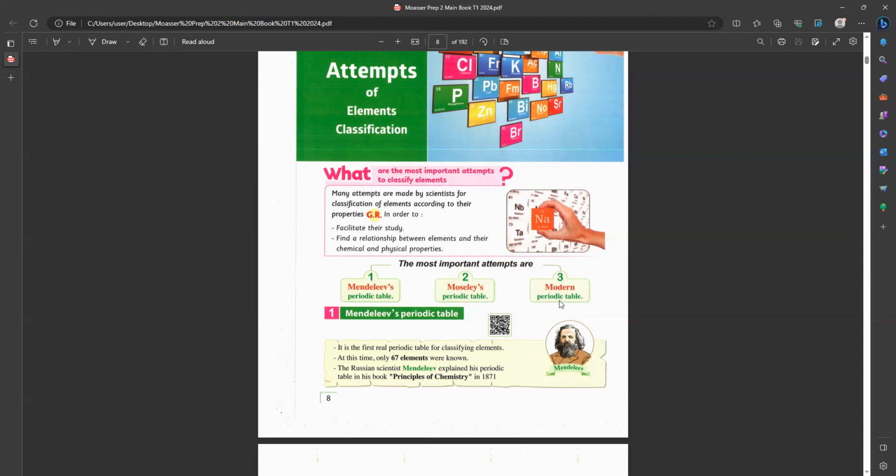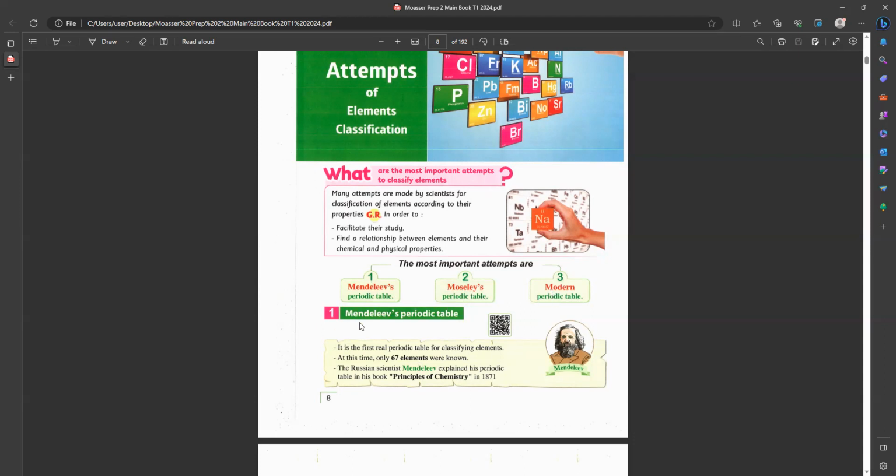The last one is called the modern periodic table. Many scientists, not one, designed this table, so it's called the modern periodic table, and this is the last table that we use today in our life. So we have three types of attempts: Mendeleev, Moseley, and the modern periodic table.